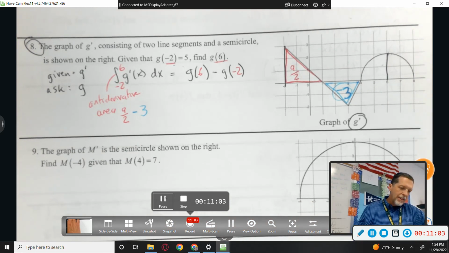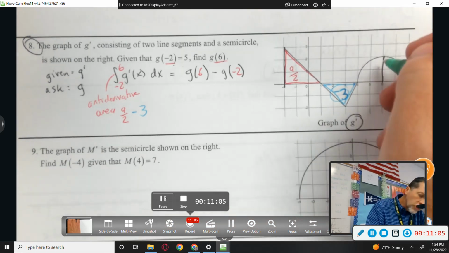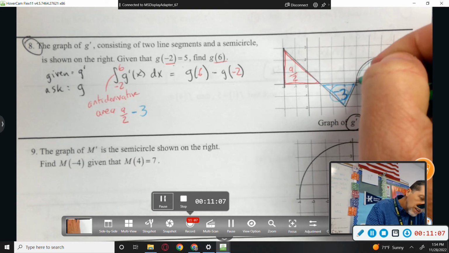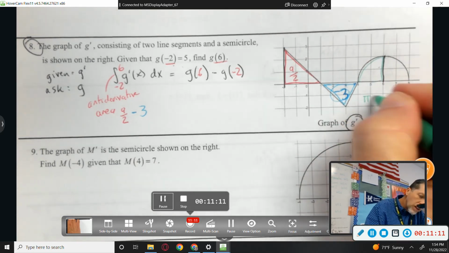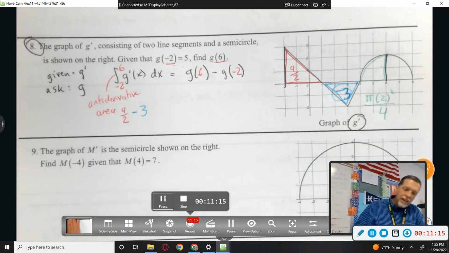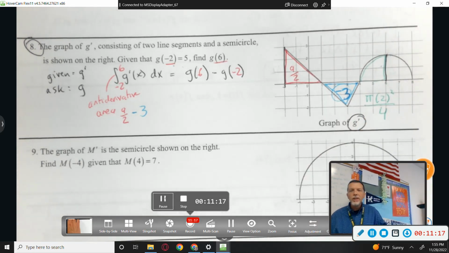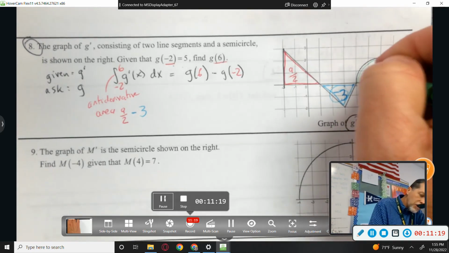And then lastly, a quarter circle. So pi r squared over 4. But that was kind of nice because the r is 2. So that area is just pi.